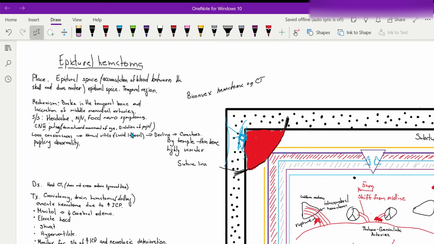Signs and symptoms: headache, nausea, focal neural symptoms. One interesting sign and symptom with epidural hematomas is that the patient will first black out, but then they will regain consciousness. After they regain consciousness, their vital signs are okay, even good.